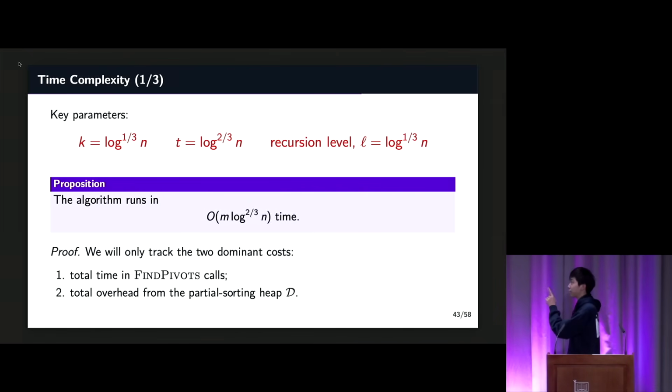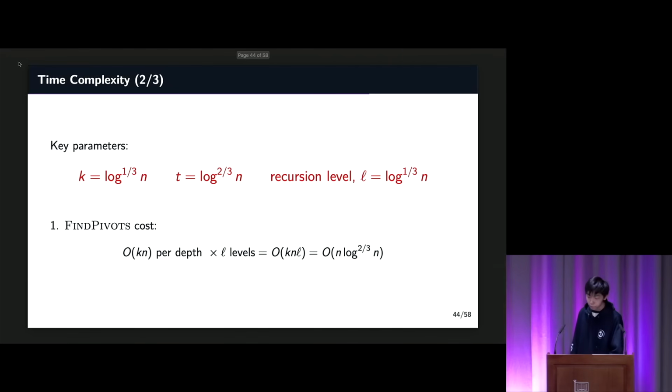Let's pay attention to these 3 parameters. We have k, t, and recursion level. We will only track the 2 dominant costs. The first one is the total time for find pivots, and the second one is the total overhead from the partial sorting heap. So firstly, the total cost of find pivots across all calls belonging to the same recursion depth can be shown to be O of n times k.